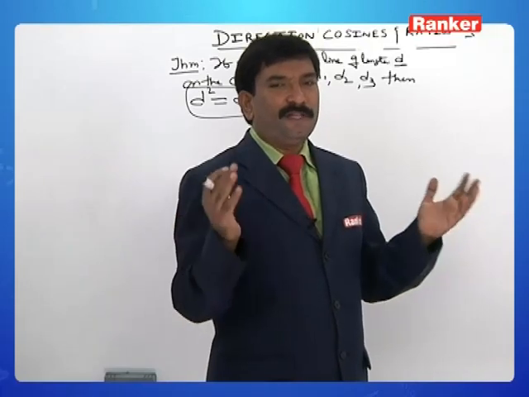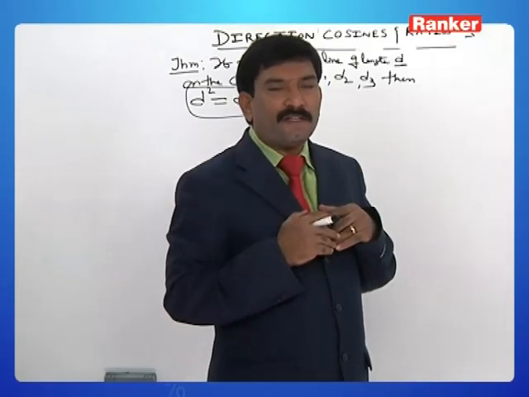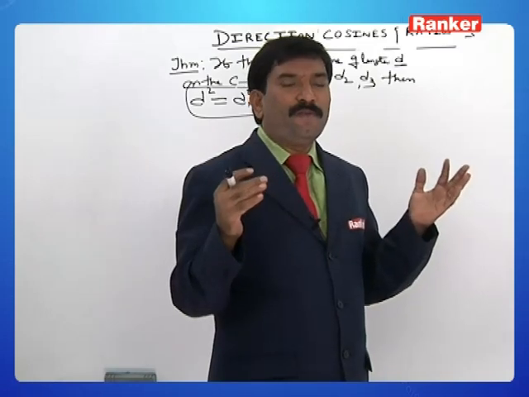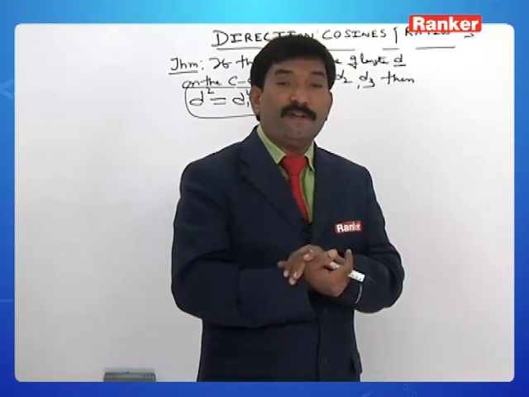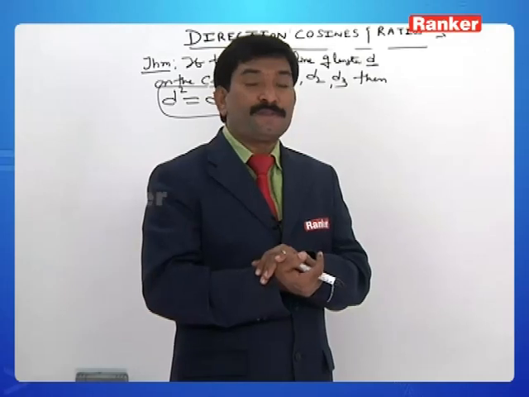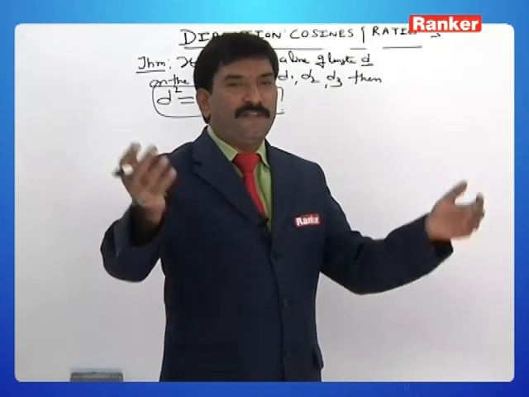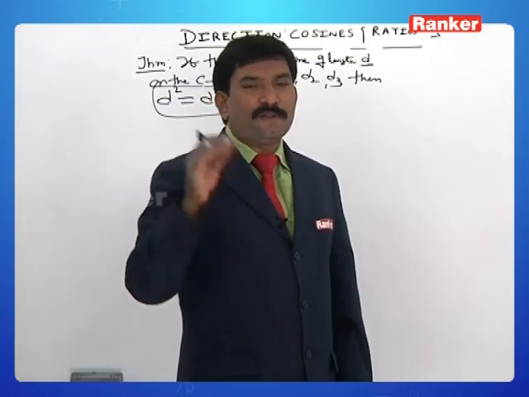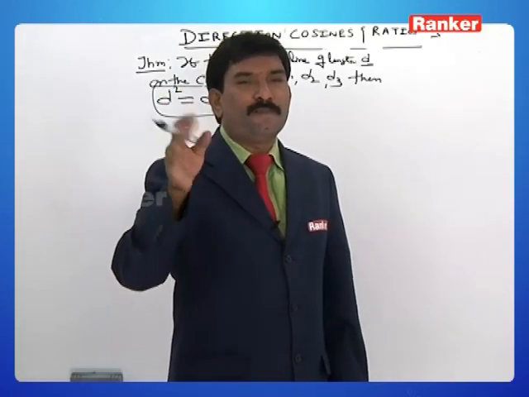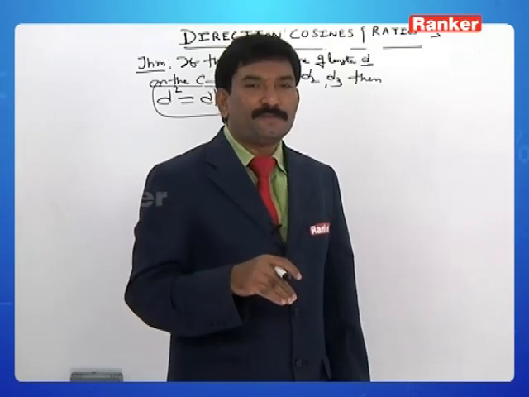That one is taken as d1. And the projection of the line joining two points A of x1, y1, z1, B of x2, y2, z2 on the y-axis, y2 minus y1, is taken as d2. Next, the projection of AB on the z-axis is the modulus of z1 minus z2.